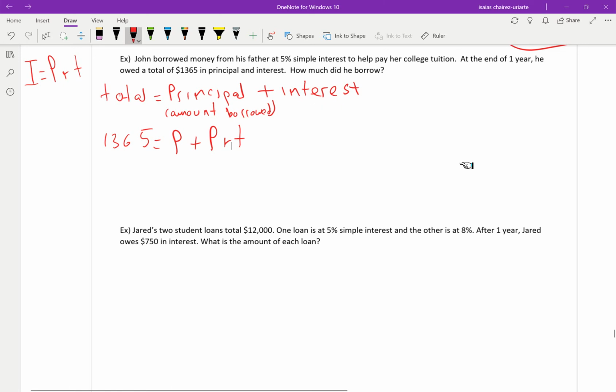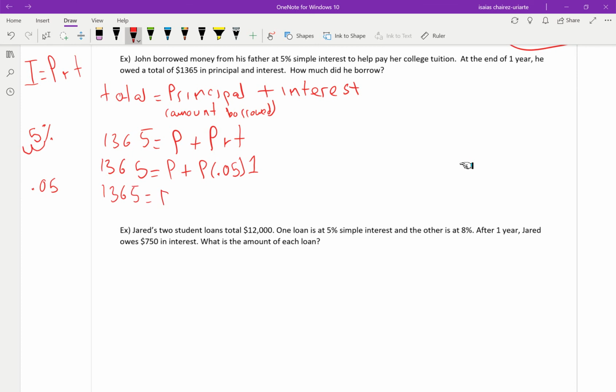So my T is equal to 1. So then I have 1,365 equals P plus P times 0.05. And let me remind you here, if you have 5%, in order to change it to a decimal, you gotta think about moving the decimal twice to the left. So 0.05 times 1. Alright, so then that becomes 1,365 equals P plus 0.05P.